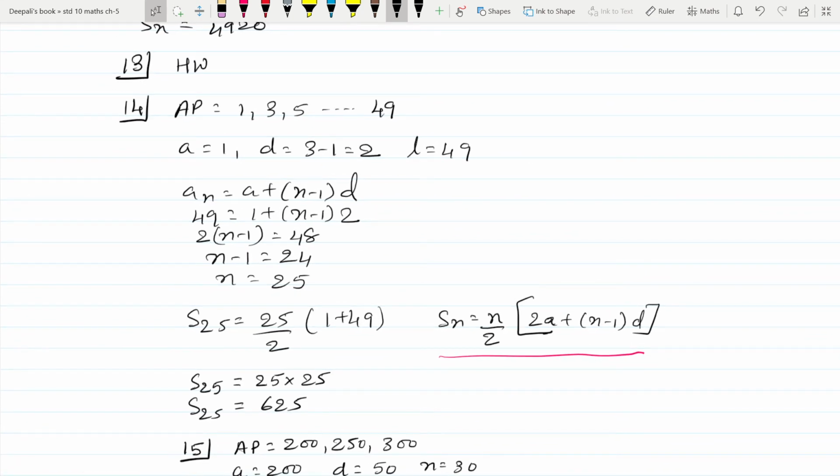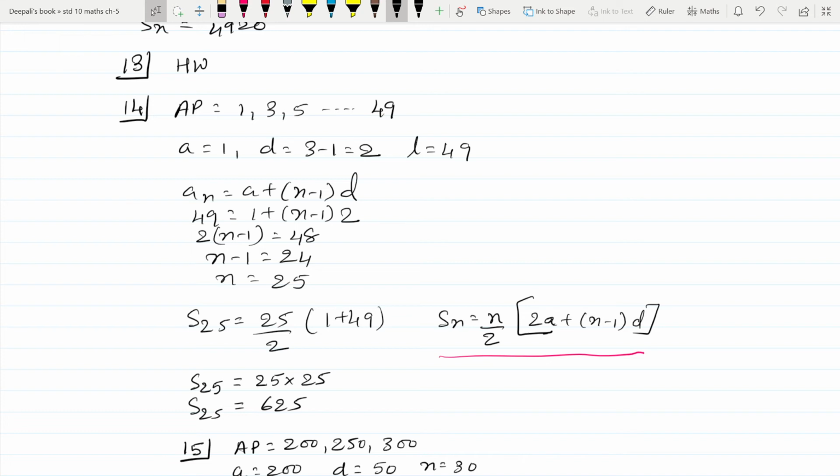Now sum number 15. A contract on a construction job specifies a penalty for delay of completion beyond a certain date as follows: 200 for first day, 250 for second day, 300 for third day. The penalty for each succeeding day is 50 more than for the preceding day.